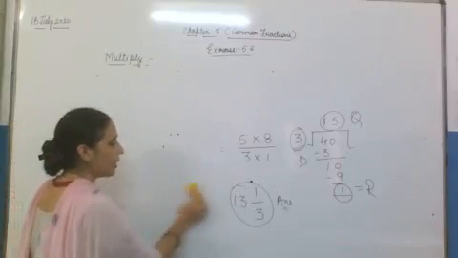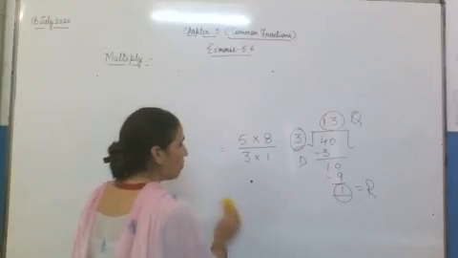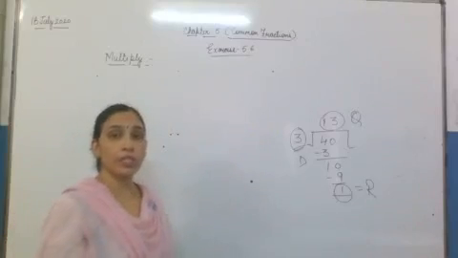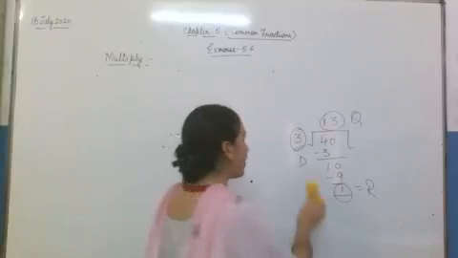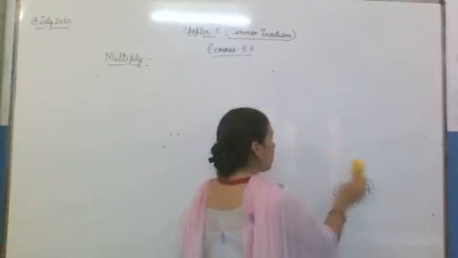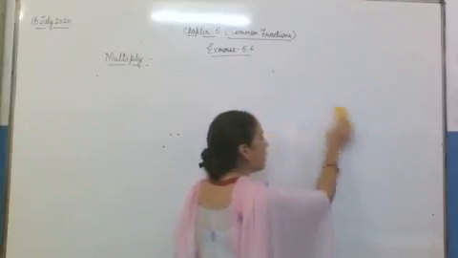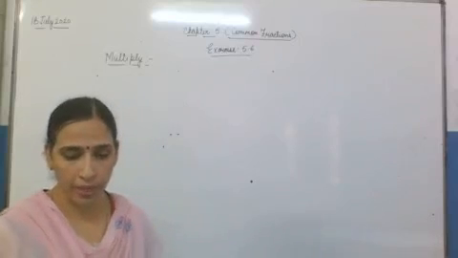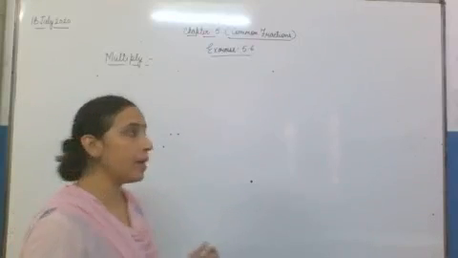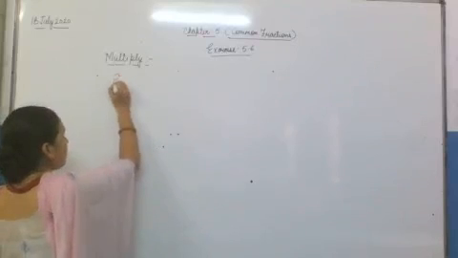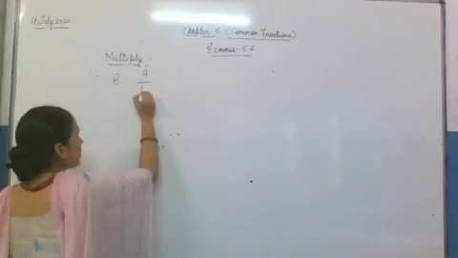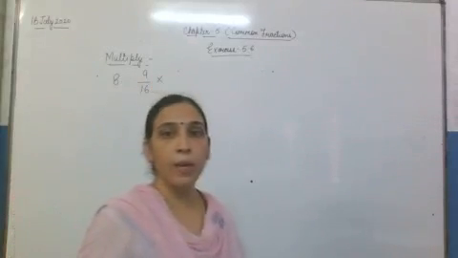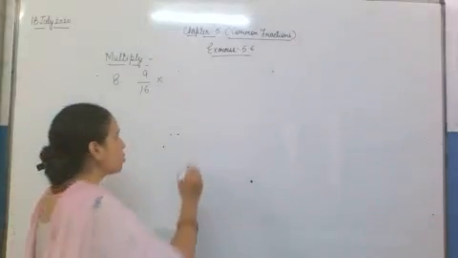In question number 8, one proper fraction is given to you, and that proper fraction is supposed to multiply by a whole number. So let's start question number 8, that is 9 by 16 multiplied by 12.